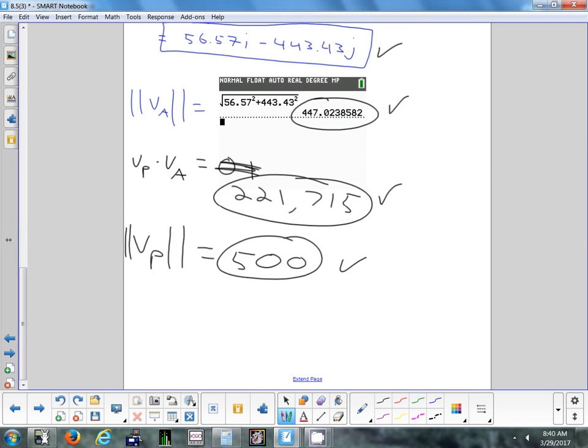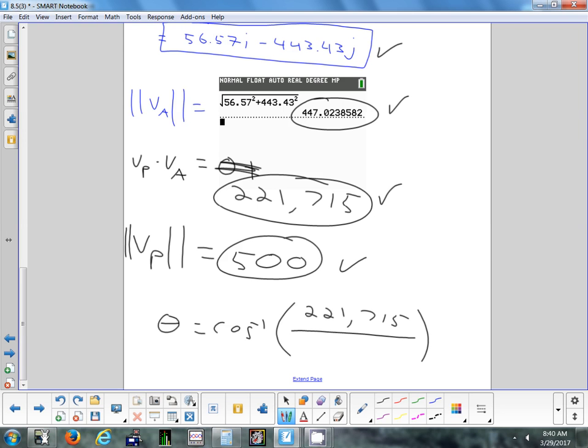Now just fill them into our formula. Inverse cosine of the dot product, which is 221,715, over the product of the magnitudes.